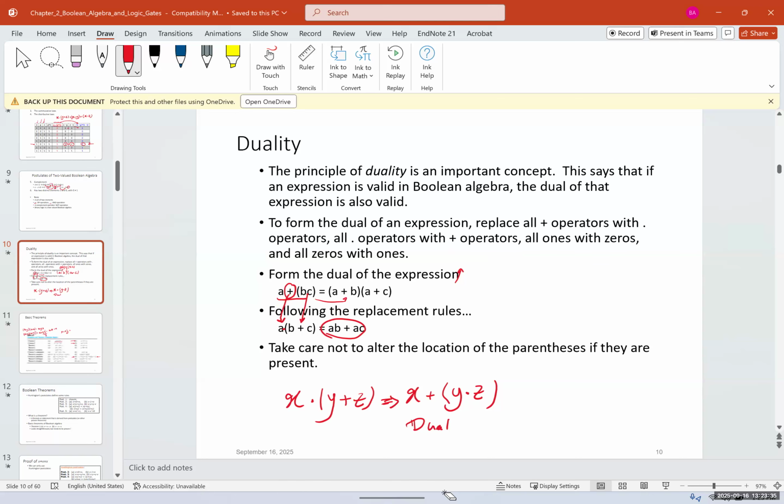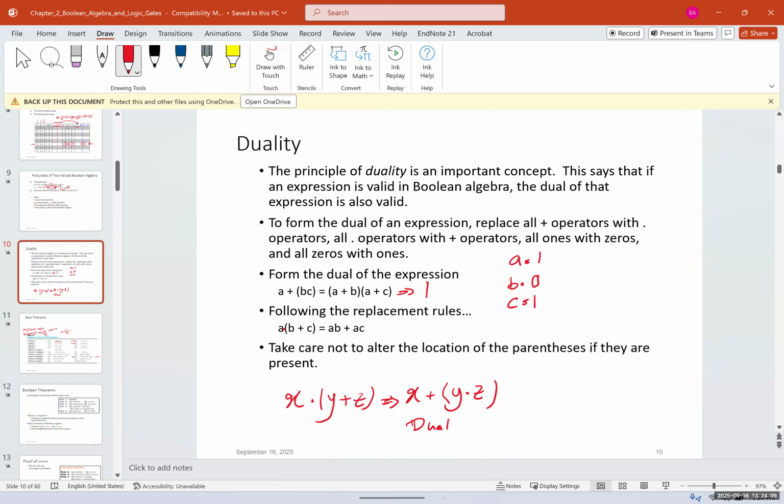Now, let's give them some numbers. So imagine A is 1, B is 0, and C is 1. If I solve this one with these values, what is the final answer that I get? One.